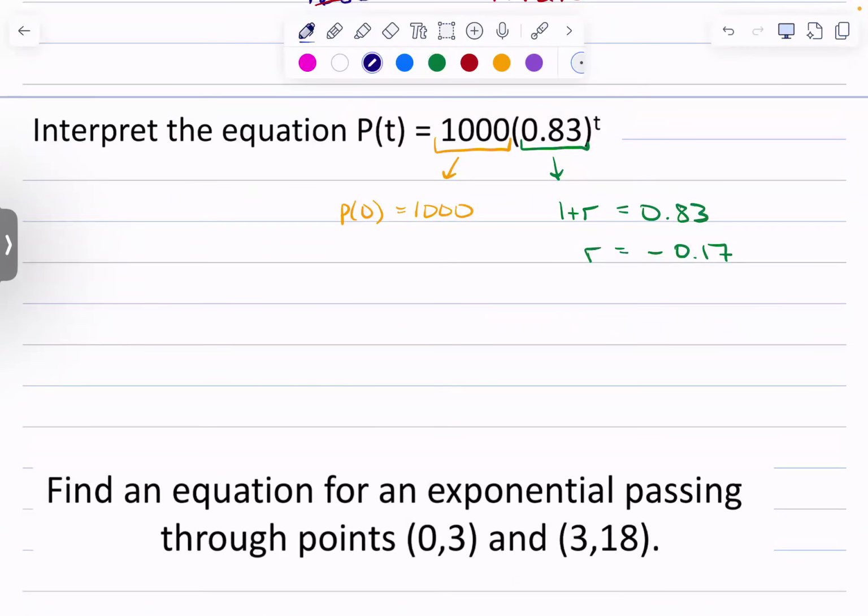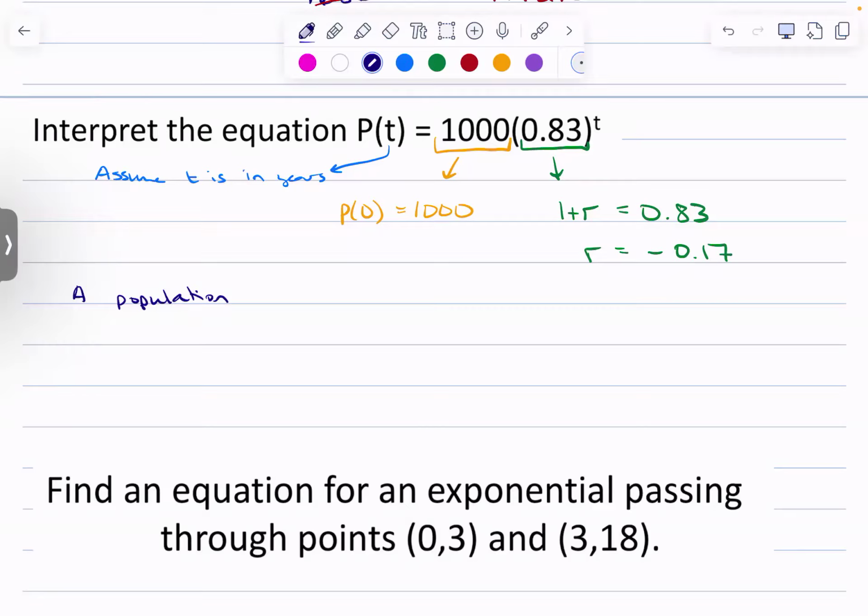And so a population, I'll make a note here that we assume t is in years. Right, it's not clear from the equation, but it doesn't matter. It could be per minute, right? But let's just assume that it's in years.